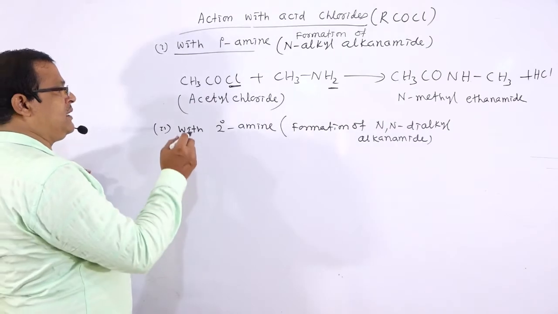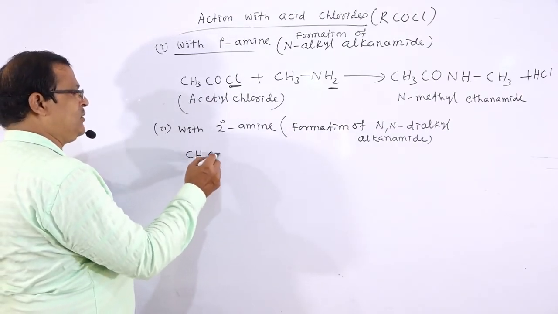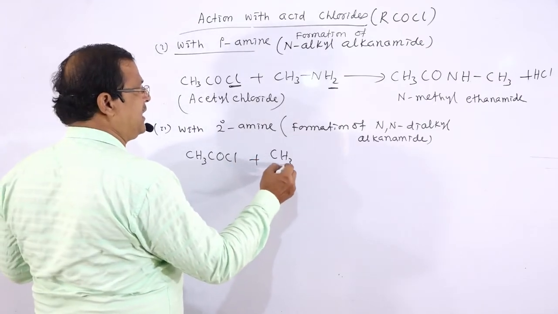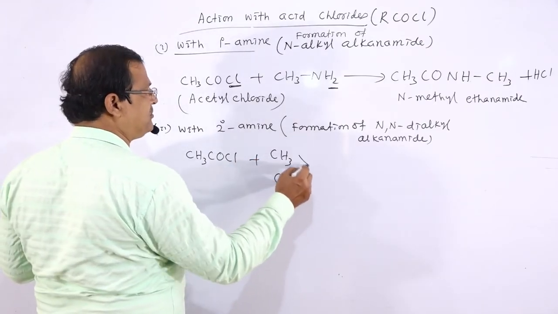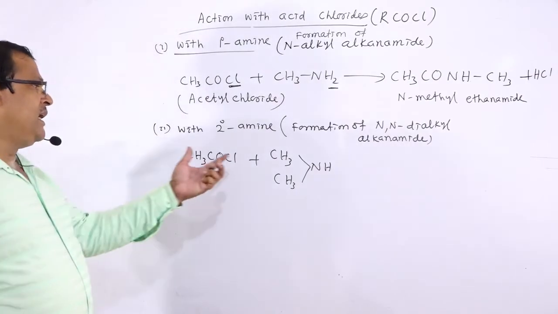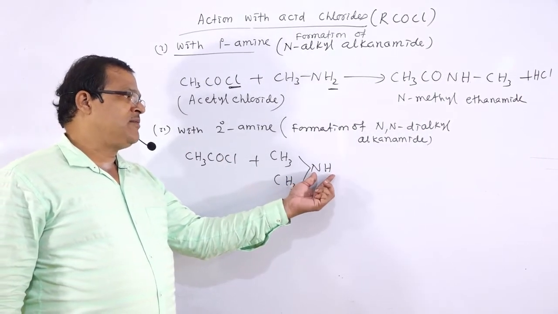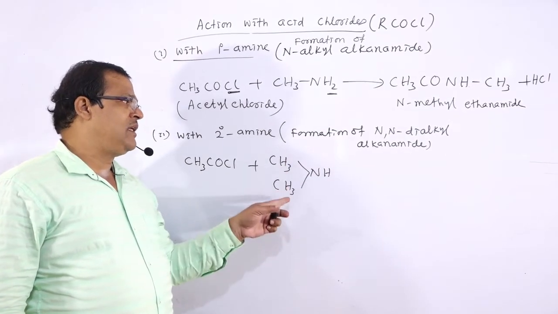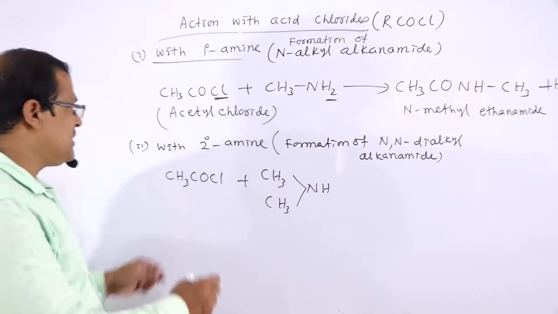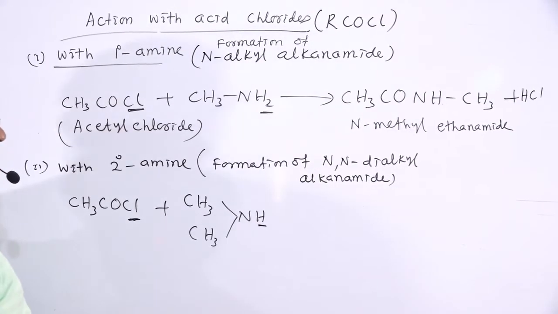If we take an example of this kind, CH3COCl, an acid chloride, reacts with a secondary amine. In this secondary amine, two hydrogen atoms of ammonia are replaced by two alkyl groups, that is two methyl groups. So what will be the product? The Cl part and H part are removed as HCl.